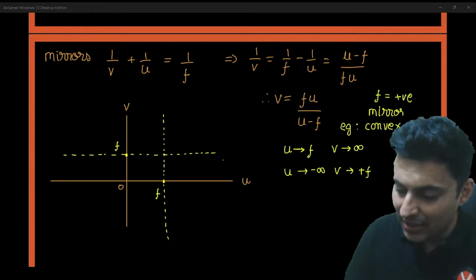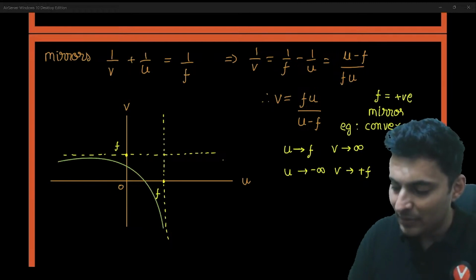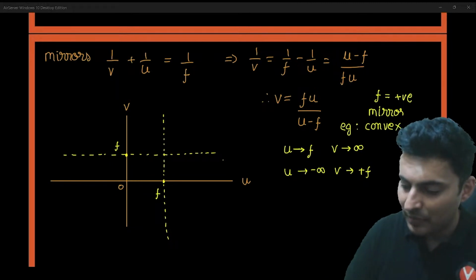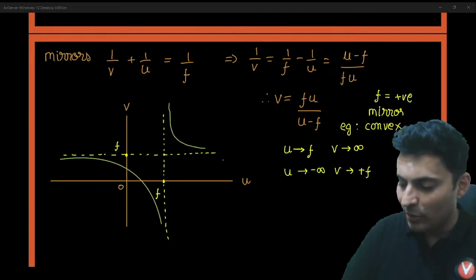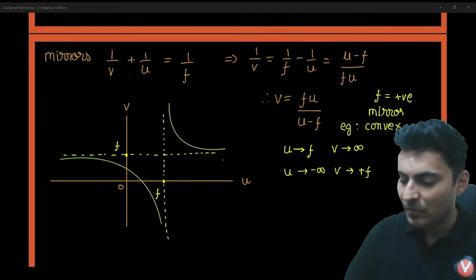Great. So I think the graph will go somewhat like this. Curved lines like this, and then again, it will come from the top and go like this.